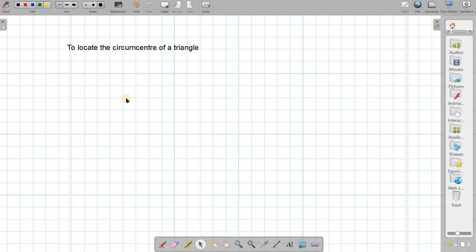So like the other centers, the circumcenter is also a center of the triangle. How will you locate it? Just like in the other three centers, three concurrent medians locate the position of the centroid.